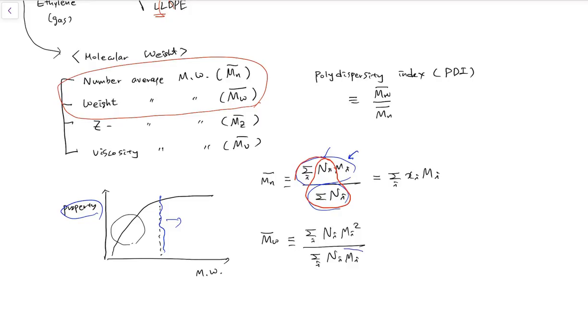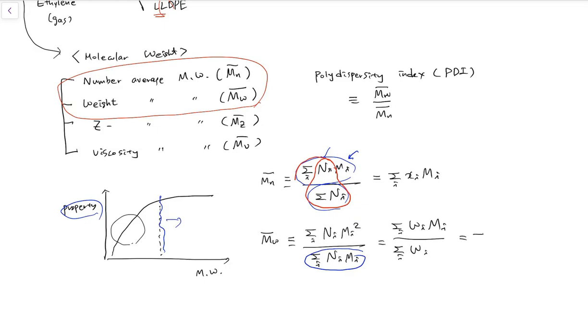And the sum of Ni Mi over the chains is basically the weight of each chain, so it can be expressed as the sum of Wi Mi over the sum of Wi.